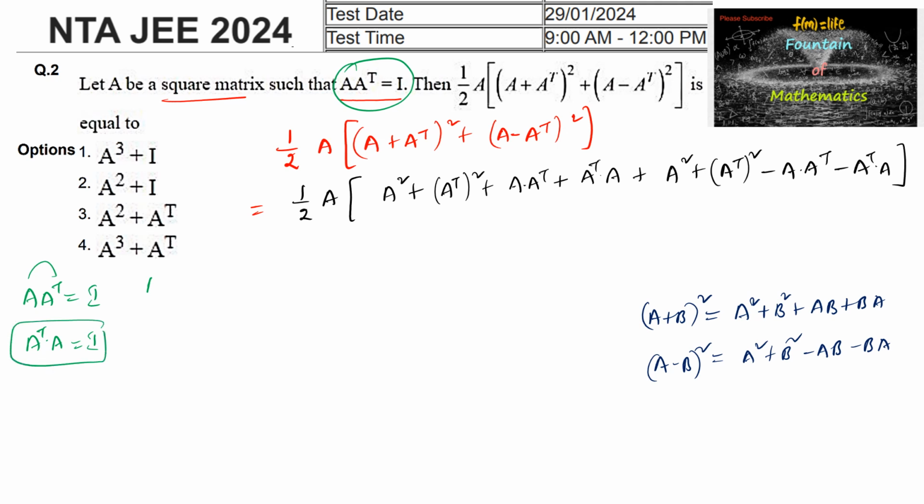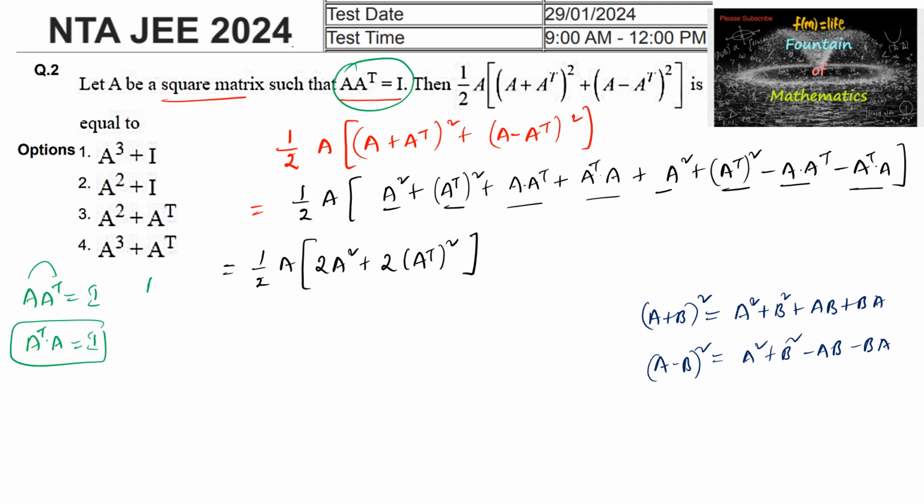So let us substitute here half into A square plus A square, that is 2A square, and A transpose whole square plus A transpose whole square, that is 2 times A transpose whole square, and here A transpose A and A transpose A get cancelled, and A into A transpose and A into A transpose also get cancelled.